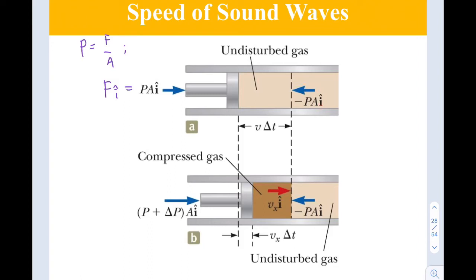Let's say now we are going to increase our force, therefore the piston is going to move. So our force here becomes P plus delta P times A. So we have a new force here.